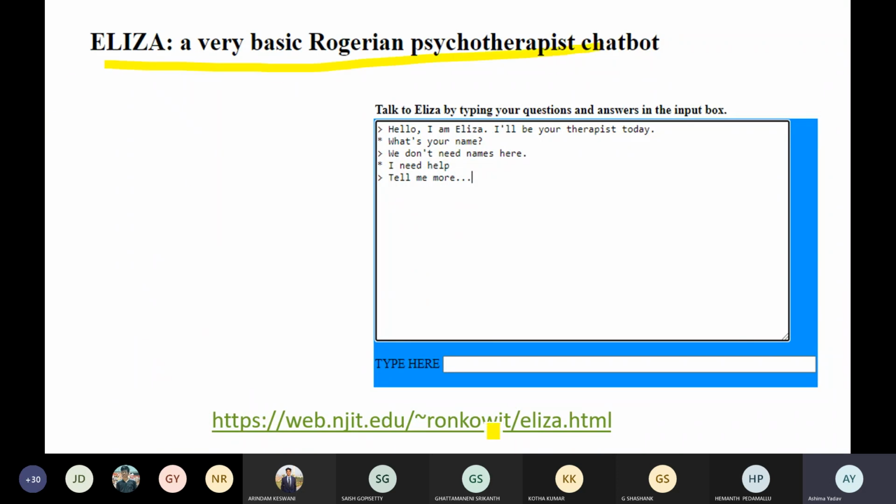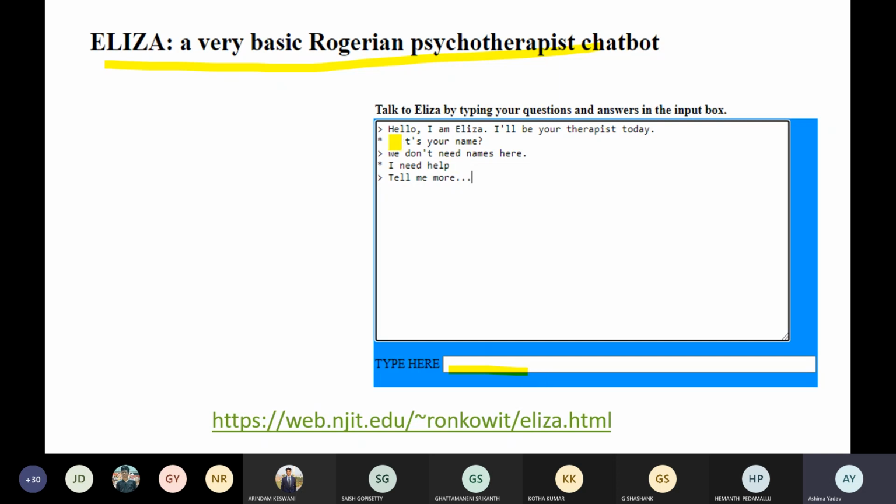You can go and check it out. If you type something here, you will not get such good replies, as you can see today's Alexa and Siri and every other chatbot are much more refined. Obviously, here you will not get such good answers.